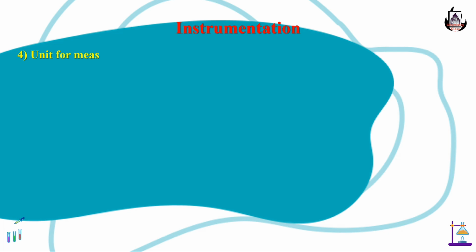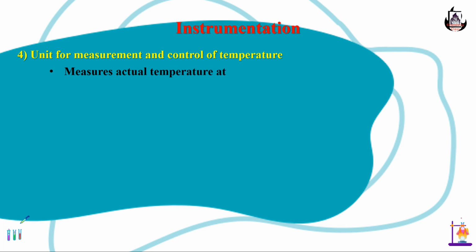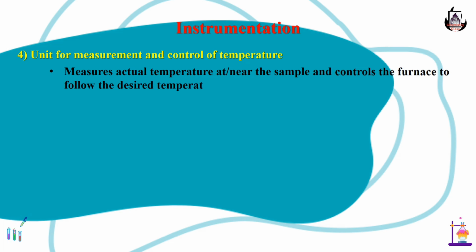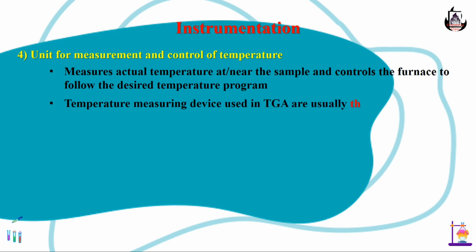The fourth instrument is the unit for measurement and control of temperature. It measures the actual temperature near the sample and controls the furnace to follow the desired temperature program. Temperature measuring devices used in TGA are usually thermocouples, placed as near to the sample as possible.